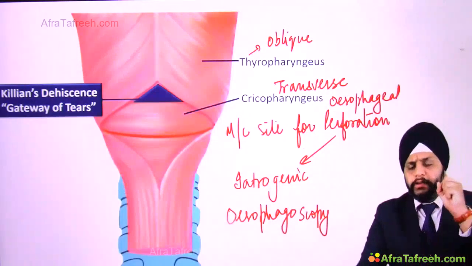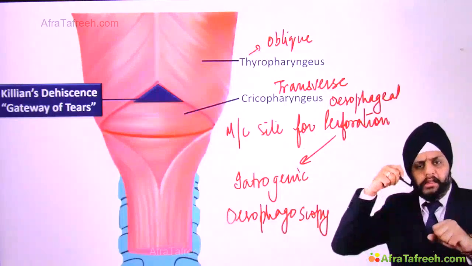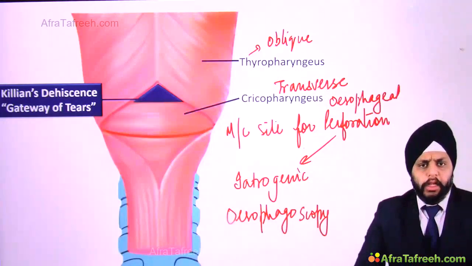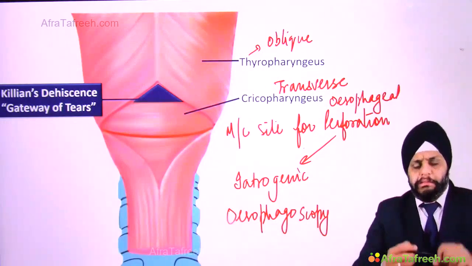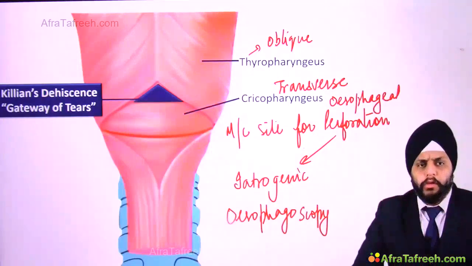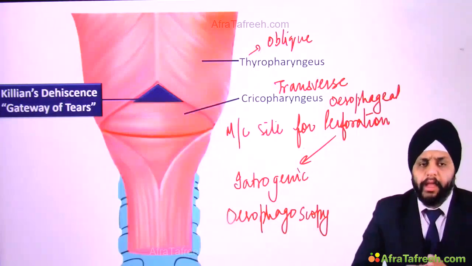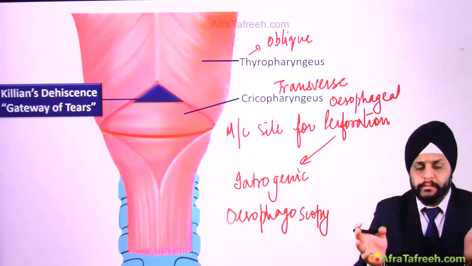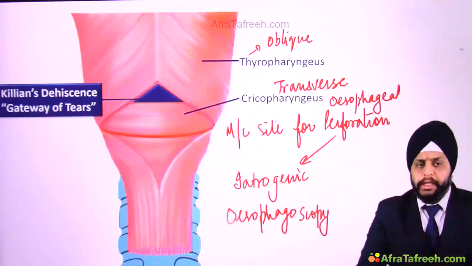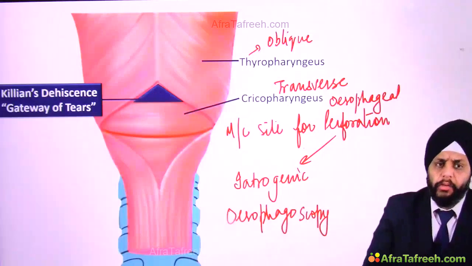So the surgeon pushes the esophagoscope, and because this muscle is not relaxed, the esophagoscope goes through Killian's dehiscence and creates a tear.